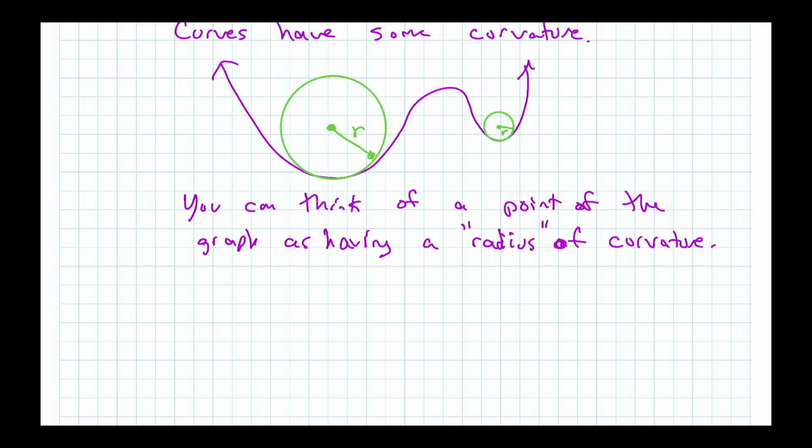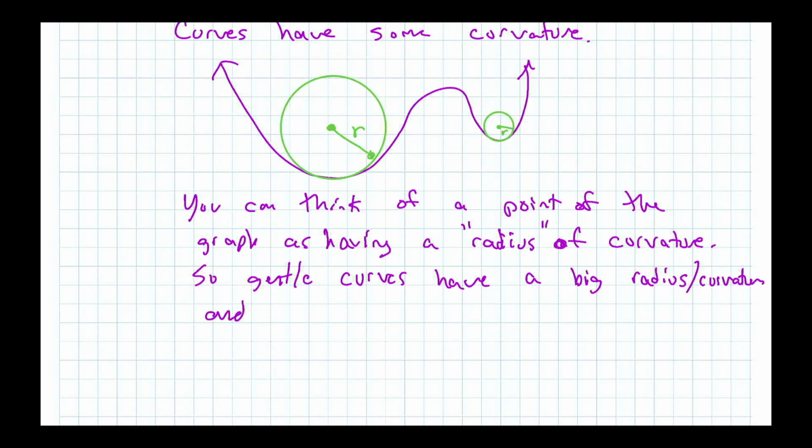Okay, so that's the idea. So you can have a bigger radius or smaller radius. So gentle curves have a big radius, and tighter curves have smaller radius. Big radius, I should say, small curvature.